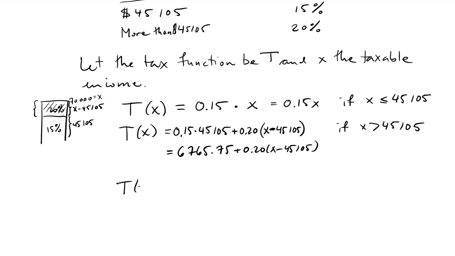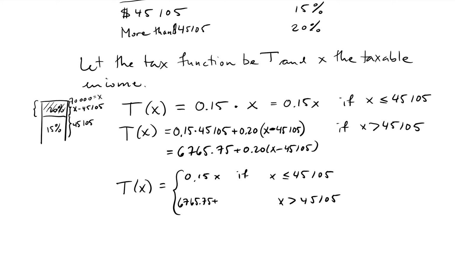Collecting everything in one place, we have T of X: it's 0.15x if X, the taxable income, is less than or equal to 45,105, and if X is greater than 45,105, the rule is 6,765.75 plus 0.2 times X minus 45,105. I'm running out of space here. So we've got, again, two rules, two cases.